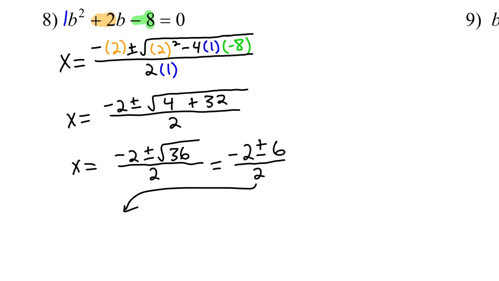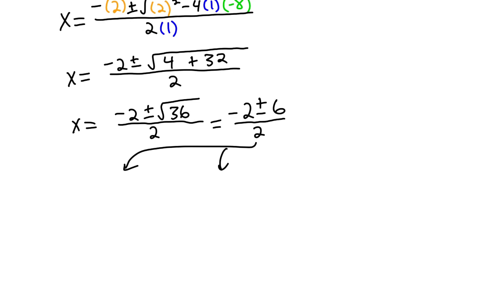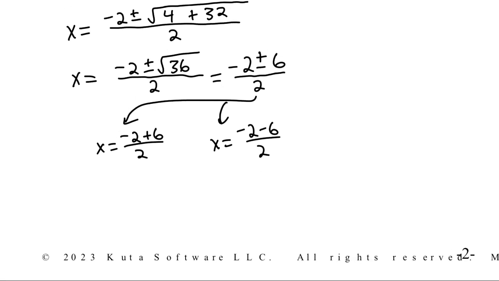Now I can break this into two different equations. x is equal to negative 2 plus 6 over 2, and x is equal to negative 2 minus 6 over 2.